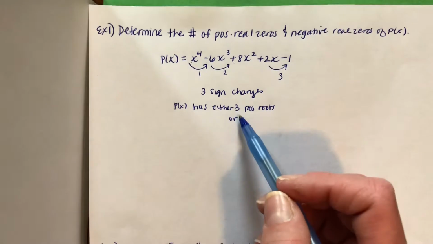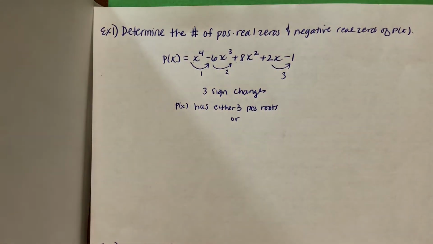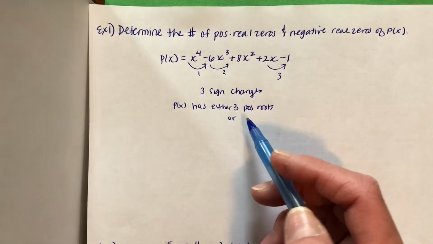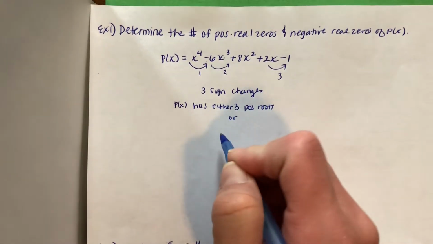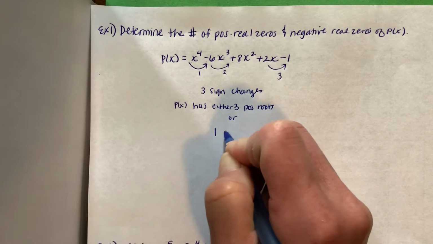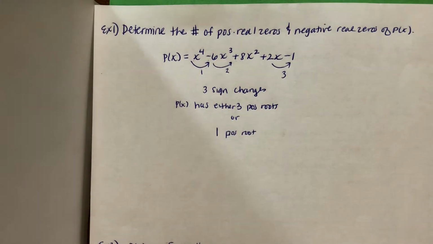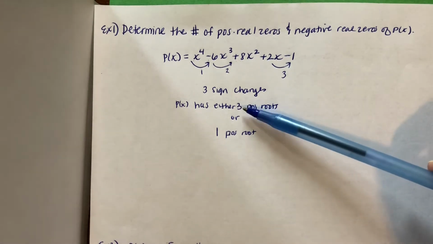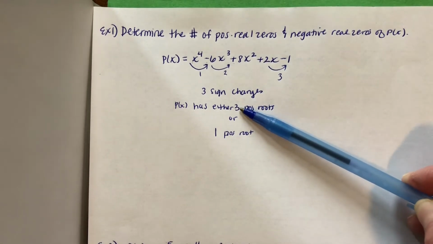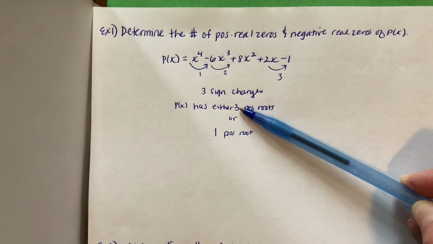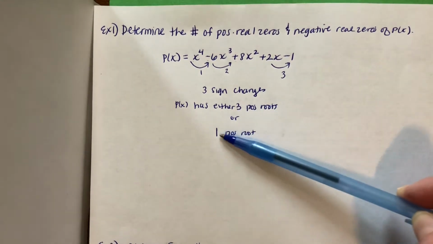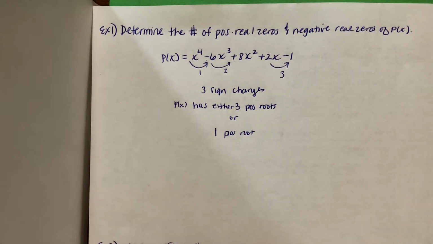So it could have 3, or what's the next positive even integer below 3? 2. So if I reduce 3 by 2, I would get 1. So 1 positive root. If this number here were 2 roots, for example, well, 2 minus 2 would be 0. So it would either be 2 or 0.